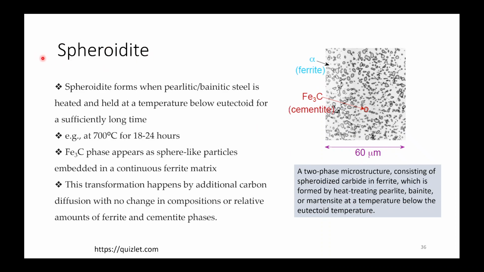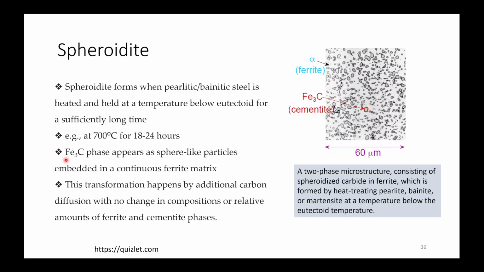Spheroidite is the structure which is found in spheroidized steels. Spheroidite forms when pearlite or martensitic steel is heated and held at a temperature below the eutectoid for a sufficiently long time, for example at 700 degrees Celsius, which is lower than the eutectoid temperature, for 18 to 24 hours.